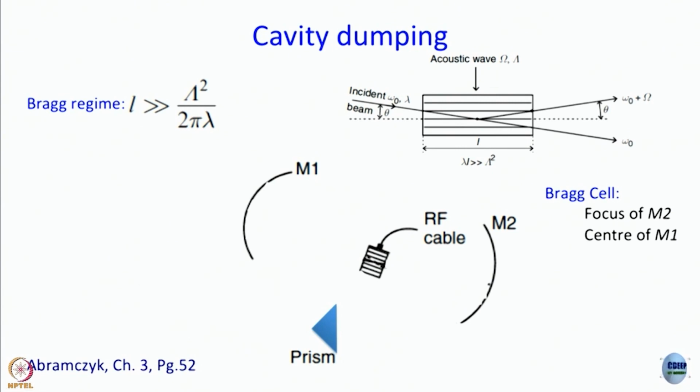Focus of M2 means that a parallel beam of light hitting M2, if it is normal to the tangent at the point of hitting, will get focused onto the Bragg cell. And since the Bragg cell is at the center of M1, a line from the Bragg cell to the surface of M1 is the radius of curvature of M1.